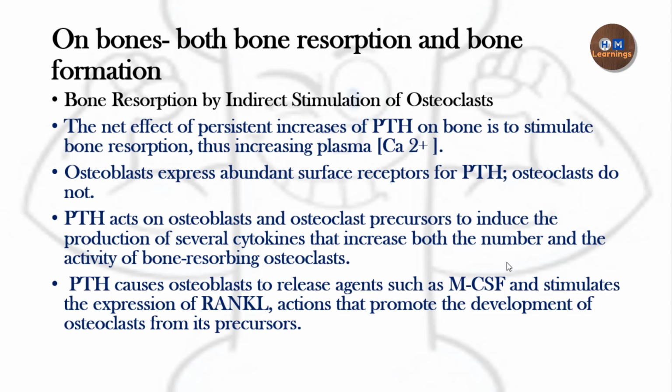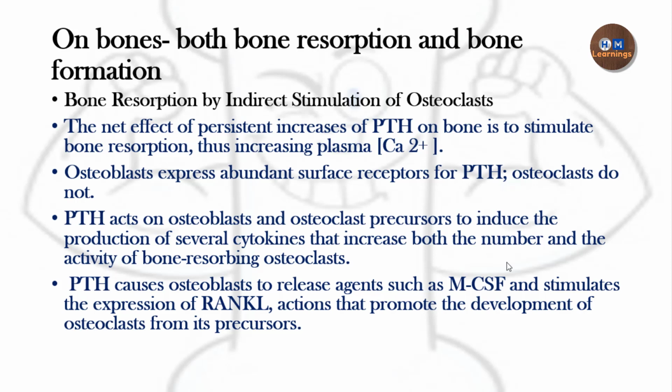Previously, it was said that the parathyroid hormone has action only on bone resorption. Resorption means degrading or digesting the matrix of the bone, or digestion of the hydroxyapatite to release the calcium and the phosphorus into the plasma. That is being done by the parathyroid hormone.